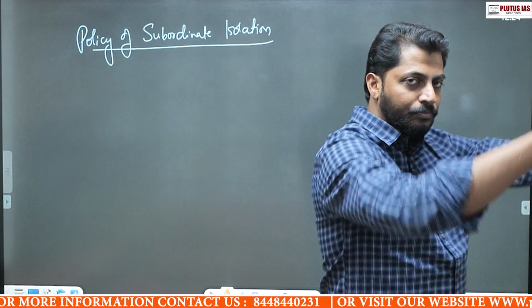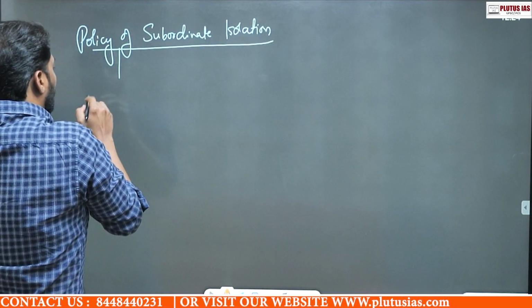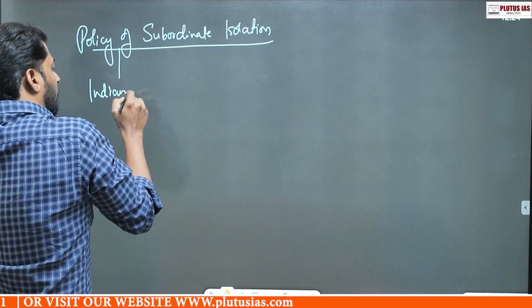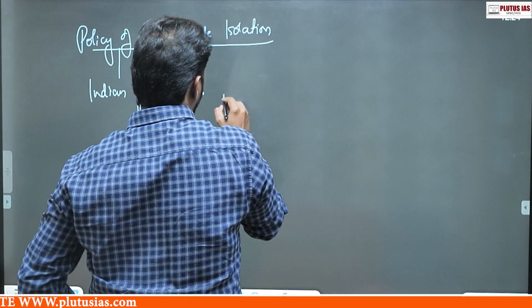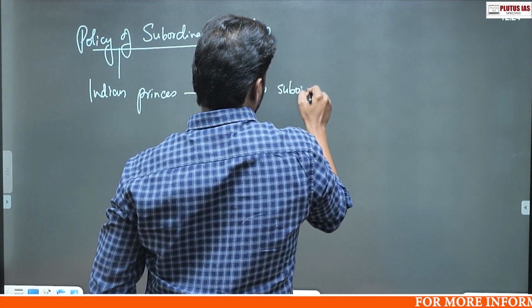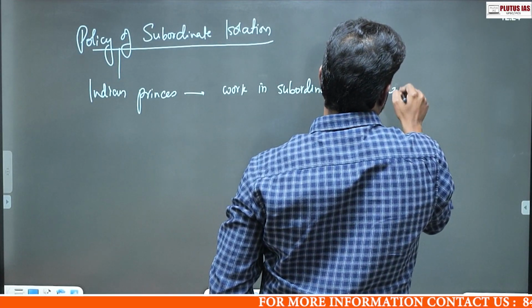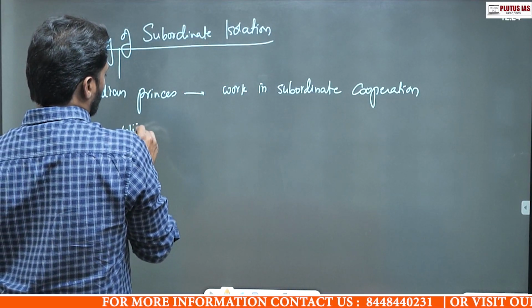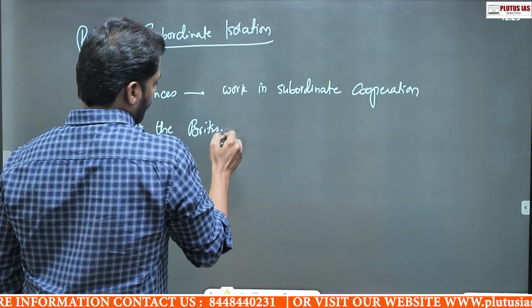Under this policy, the British made many Indian states, that means many Indian princes, work in subordinate cooperation with the British.